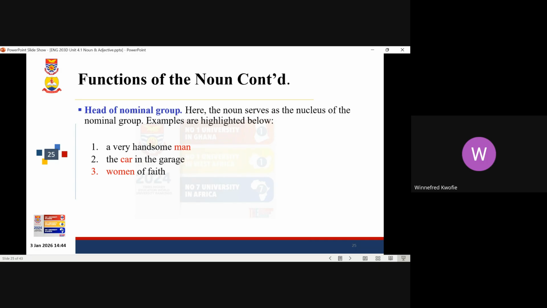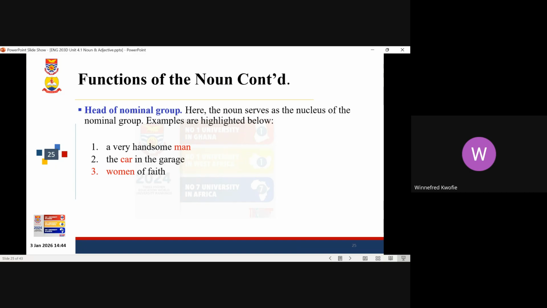And we said it is the head word that will identify the type of group you are looking at. So here we are looking at the group, a very handsome man. We can see that the word man is the head word. It is the word man that the whole structure is talking about. A very handsome is helping us to identify the particular man we are talking about.